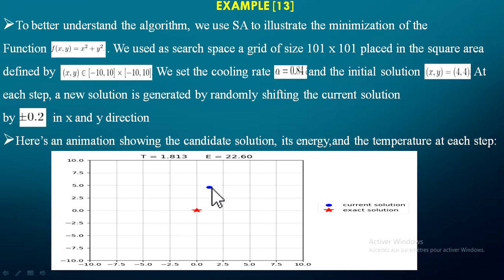We see the change of the energy, and in some cases the energy can take not-good values, but the objective is to attain the global minimum.